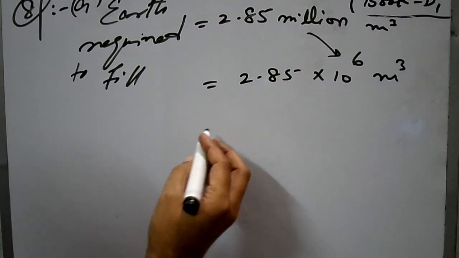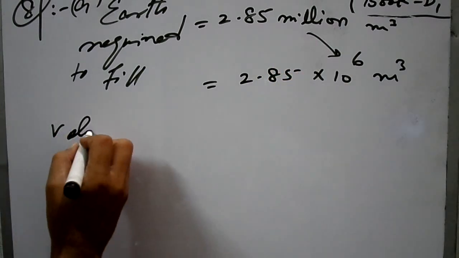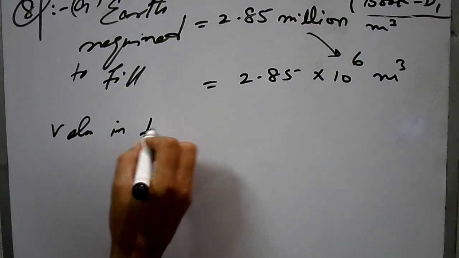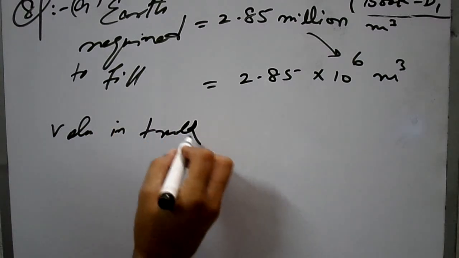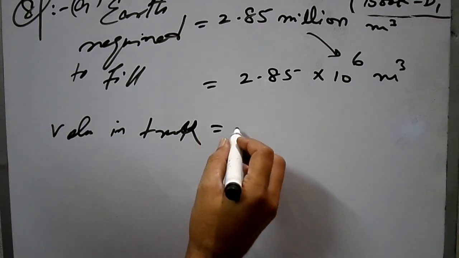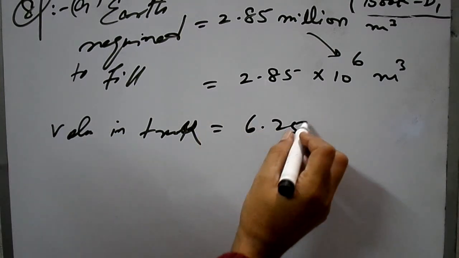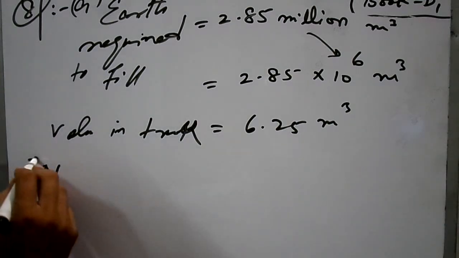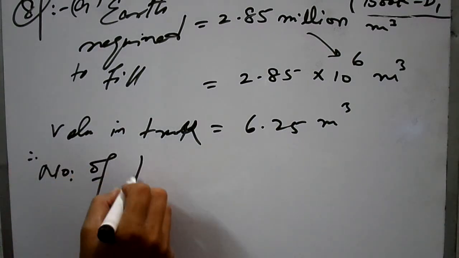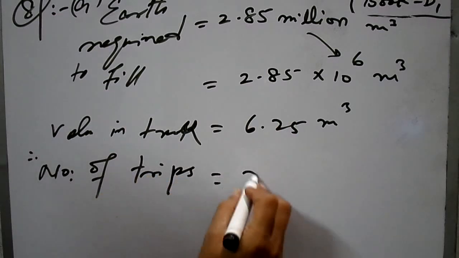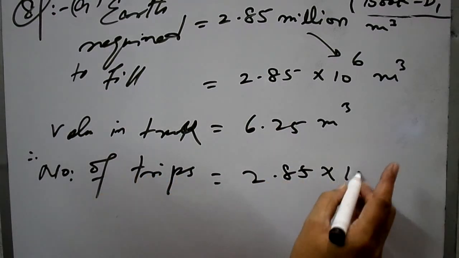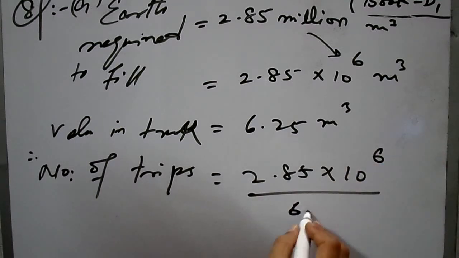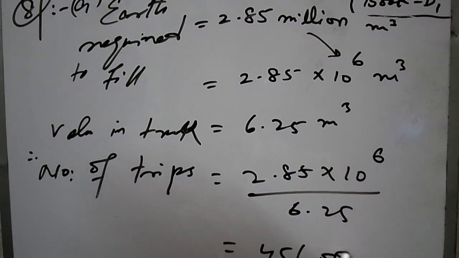So volume in truck is equal to 6.25 meter cube. So number of trips is 2.85 multiplied by 10 raised to power 6 divided by 6.25, which is equal to 456,000 trips needed.